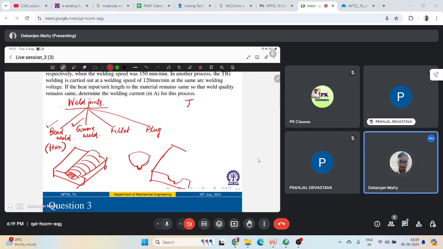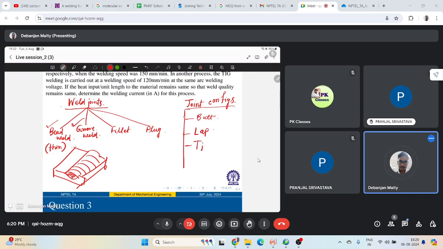So let me write down joint configurations. You are aware of butt joint. Let me not go into the detail of how they look. This is well known. You are aware of lap joint.